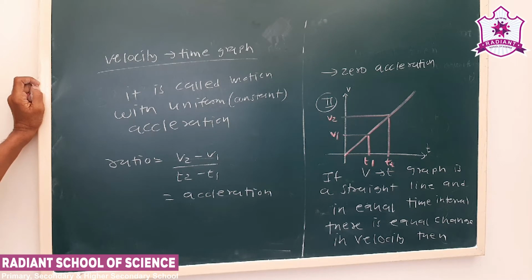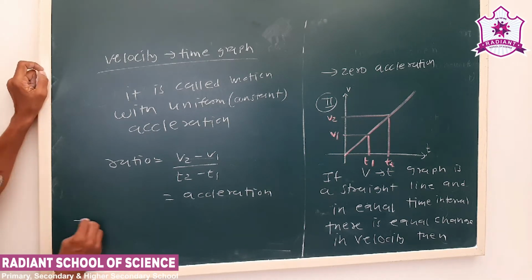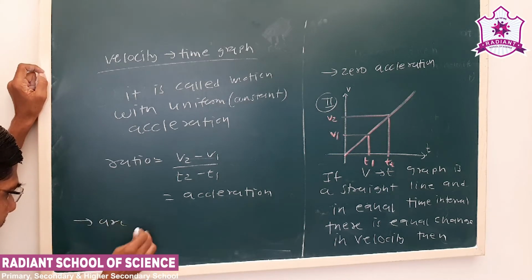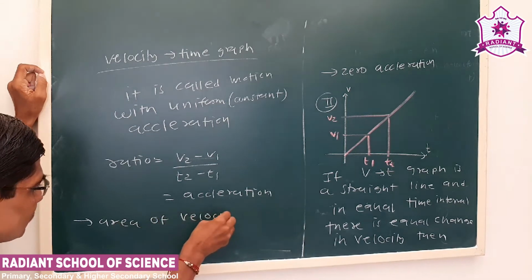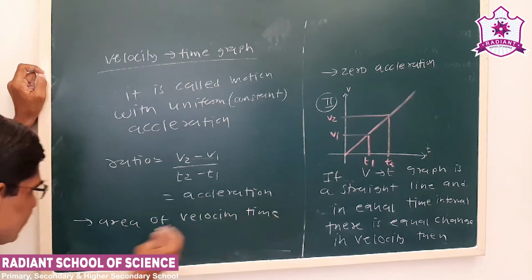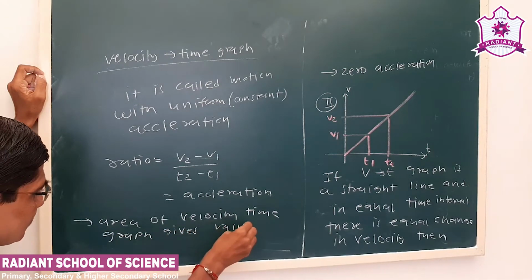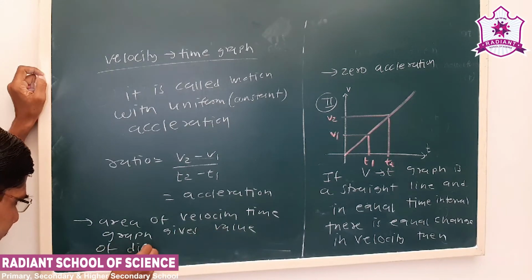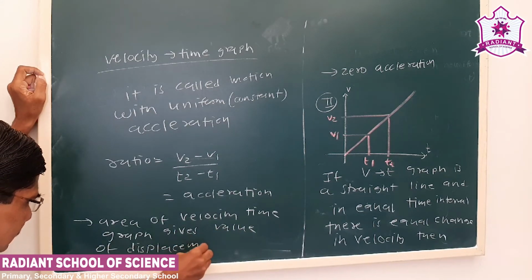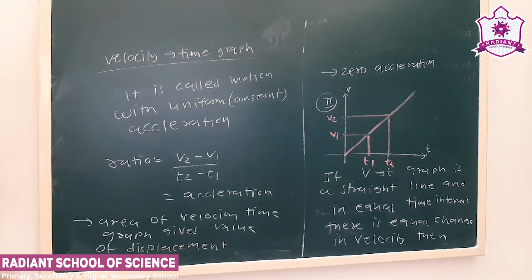Now see, one important property of the velocity time graph is that the area of the velocity time graph gives the value of the displacement.